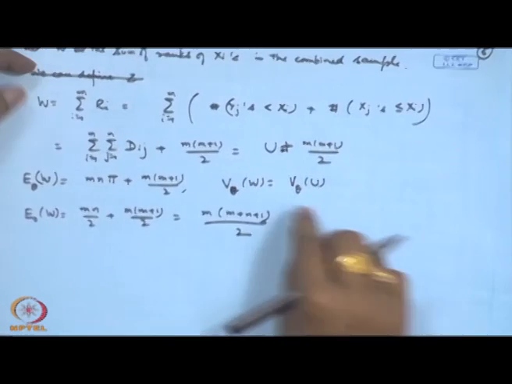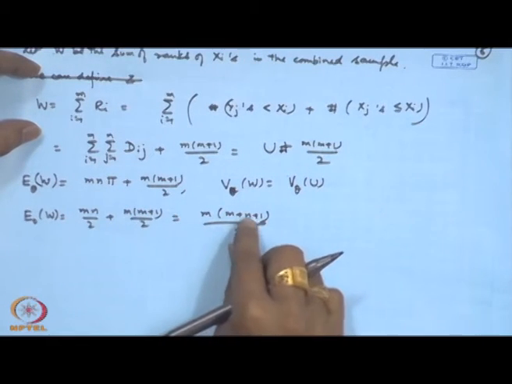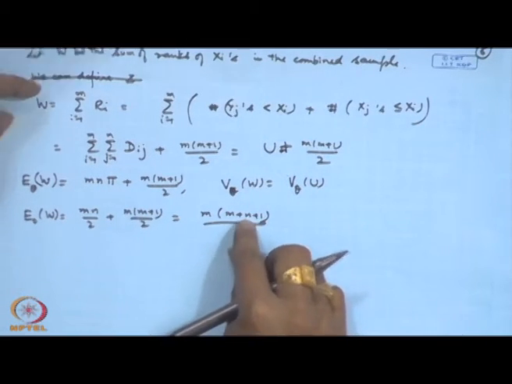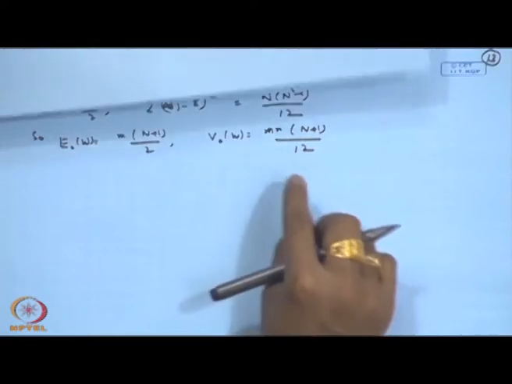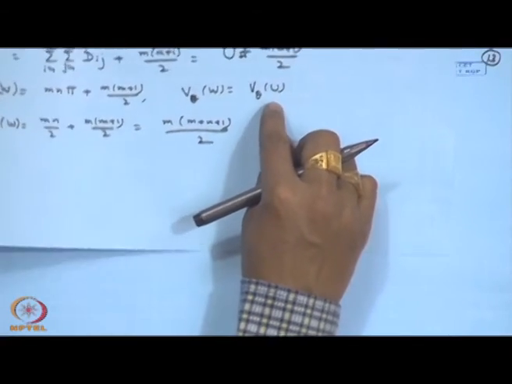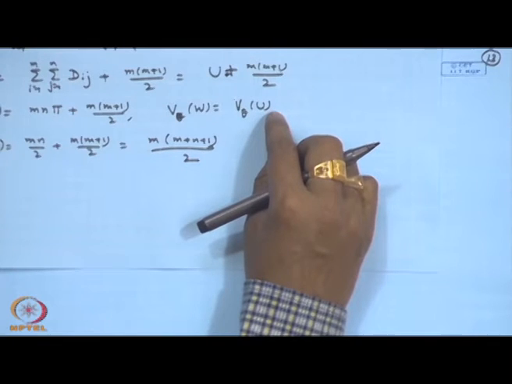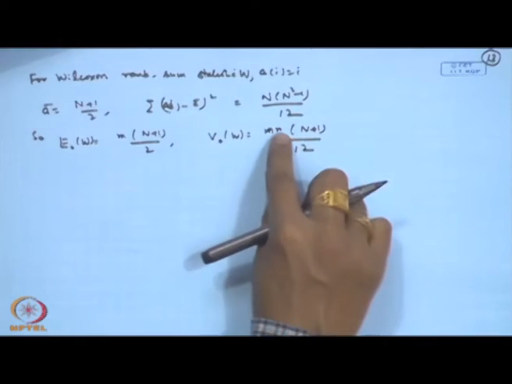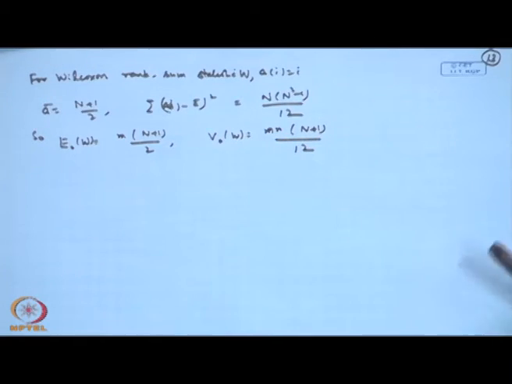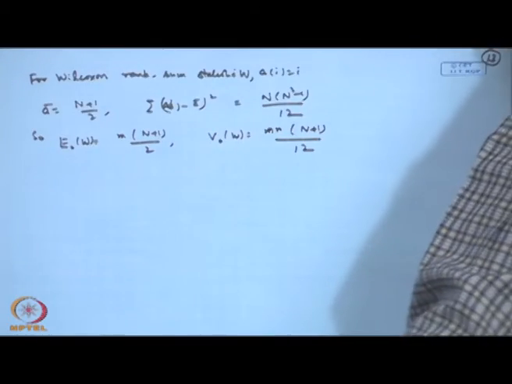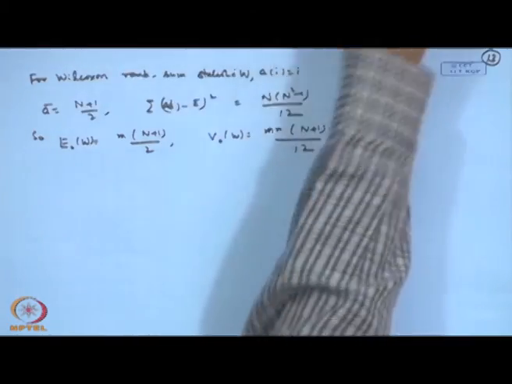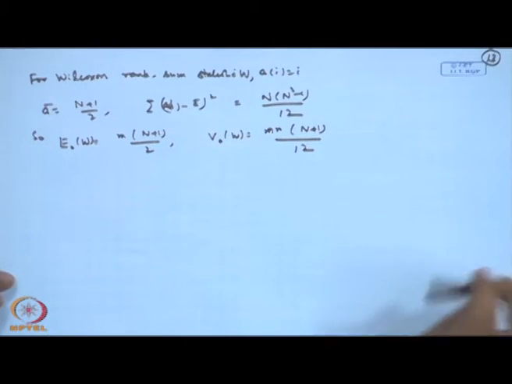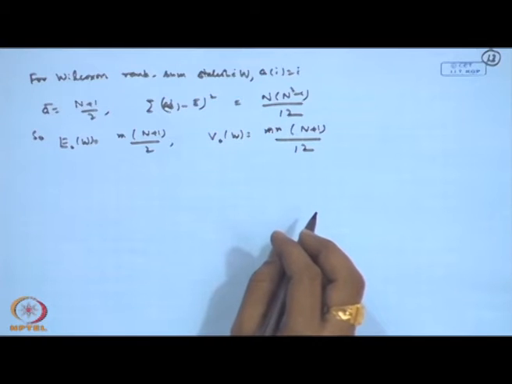So, if you look here, this was equal to m into (m plus n plus 1) by 2, m plus n is equal to n. So, it is the same value. Variance of this was same as the variance of U, which was actually m n into (n plus 1) by 12. So, here also you get m n into (n plus 1) by 12. So, you can see that this general structure helps us to perceive various other new test statistics that can be utilized for various purposes in the testing problems.